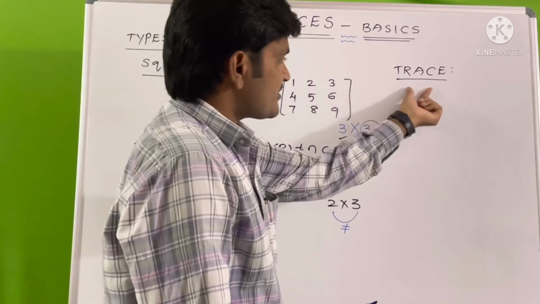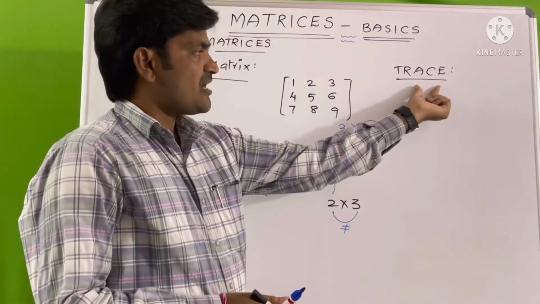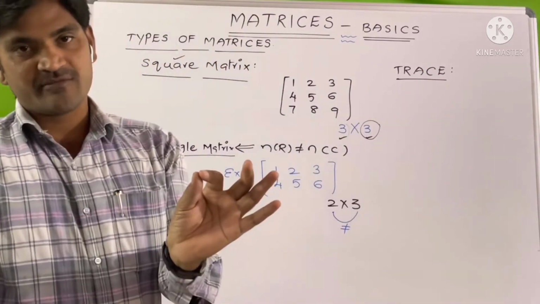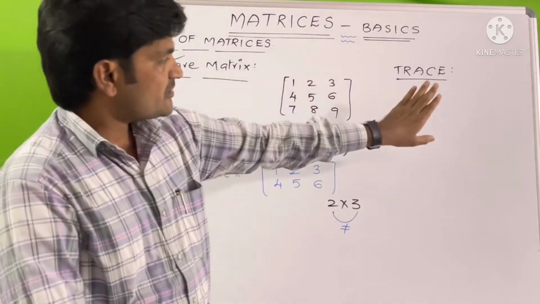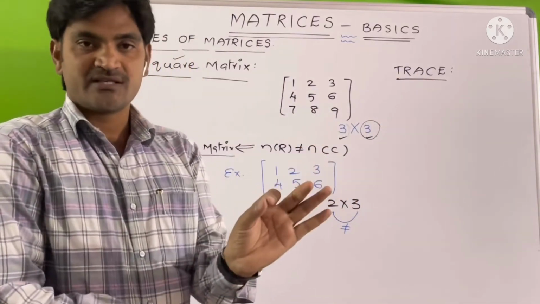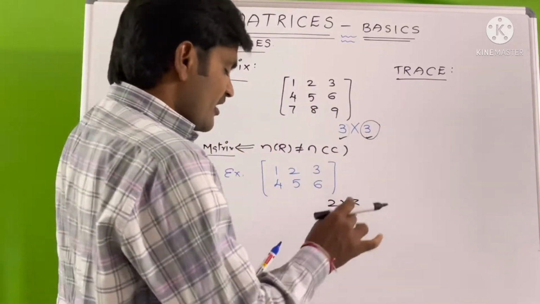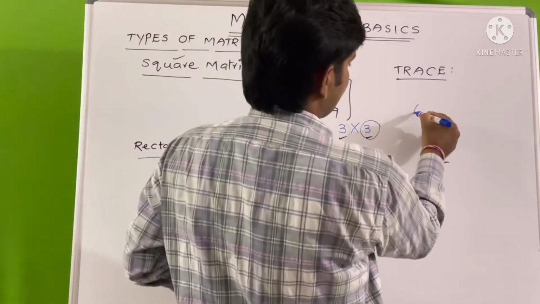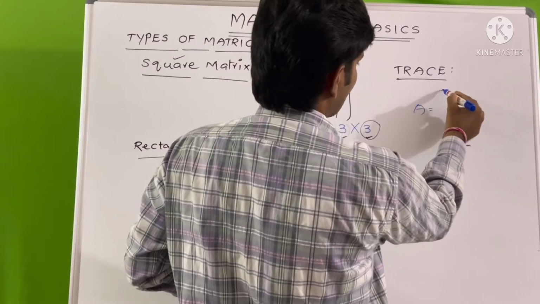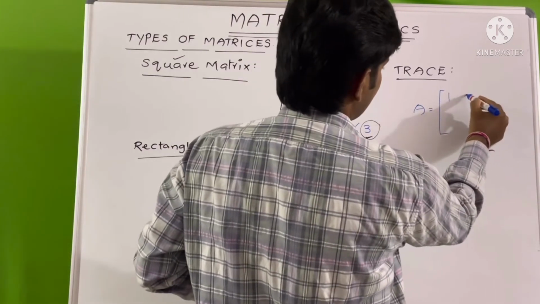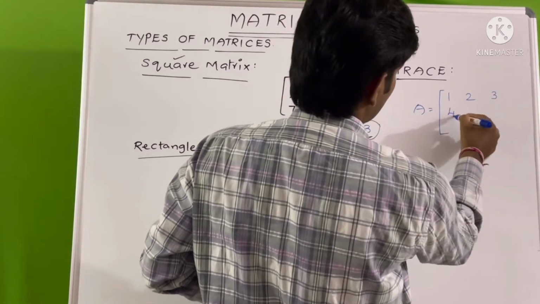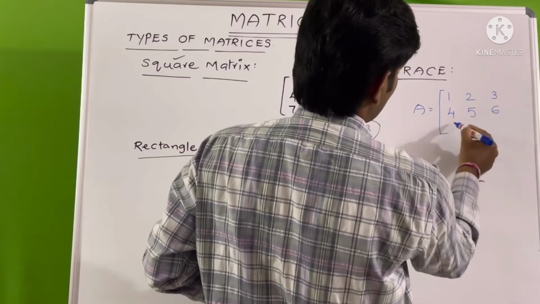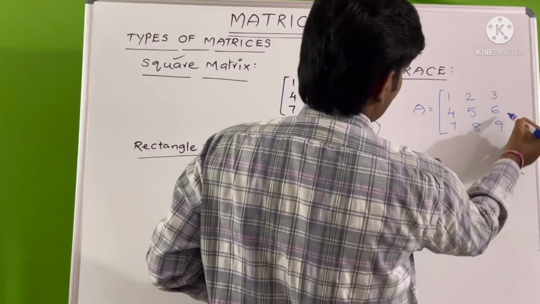Next concept is trace. First of all, trace is possible only for a square matrix. So right, how do we find trace? First of all, let A be any matrix. We take 1, 2, 3, 4, 5, 6, 7, 8, 9.